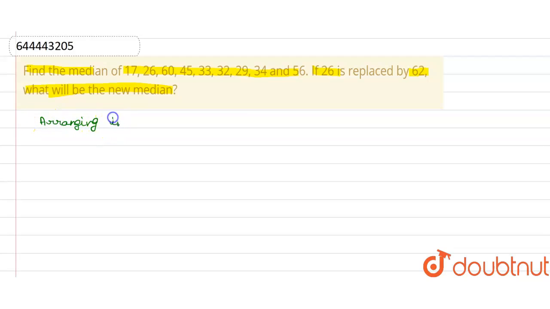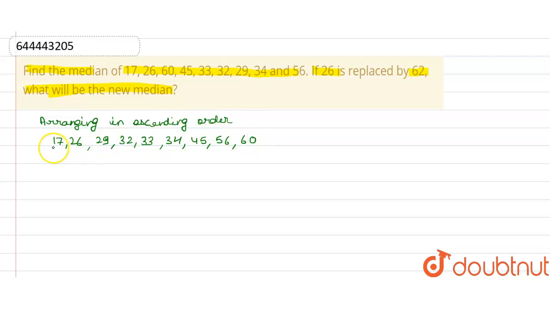Arranging in ascending order, we get 17 comes first, then 26, then comes 29, 32, 33, 34, 45, 56, and the last term is 60.